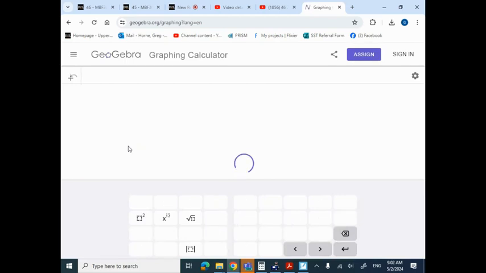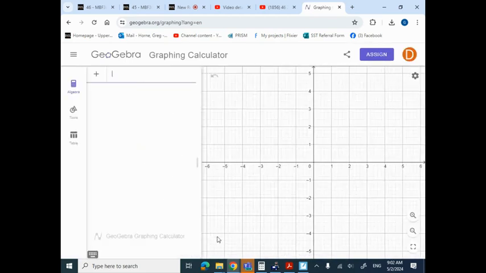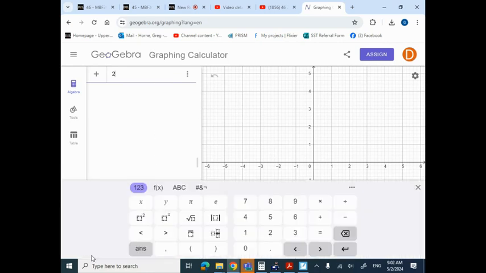And so if I type in 2 to the power of x, so 2, and then it has this feature here for power of, or you can use, see it here. So I had to use that one, but there's a little upside down V, it's shift 6, that'll work too.